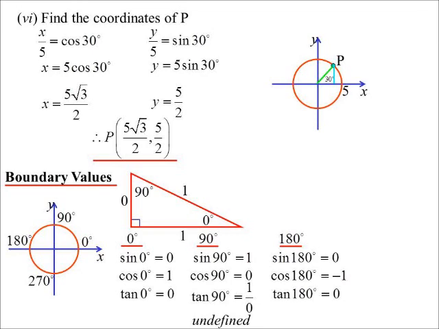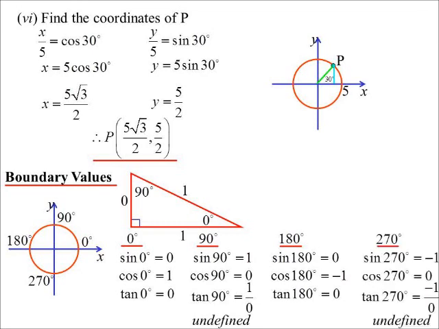Cosine would work out to be negative 1, because in the second quadrant cosine's negative, and in the third quadrant cosine's negative as well. And tan of 180, again, would turn out to be 0, similar reasoning to the sine one. 270, we'll get negative 1, 0, negative undefined, well, still undefined, and then we're back to 0 or 360.